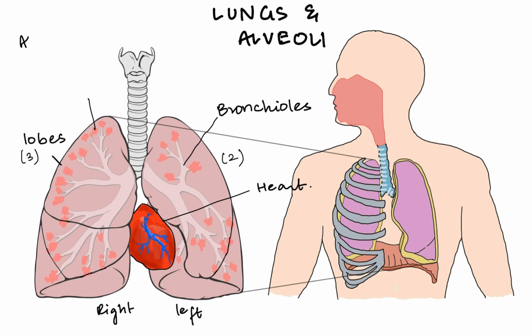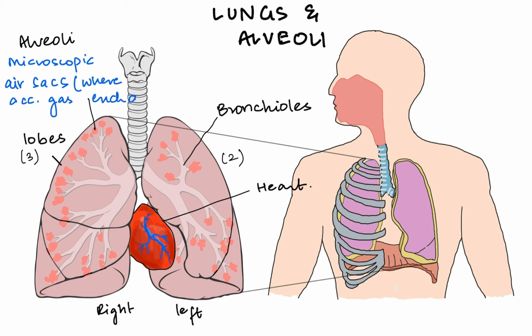There are so many alveoli where each bronchiole ends, and the alveolus is the microscopic air sac where gaseous exchange actually occurs. So in the next video, we'll talk about how the alveoli serve the purpose. Stay tuned, guys. Thanks.